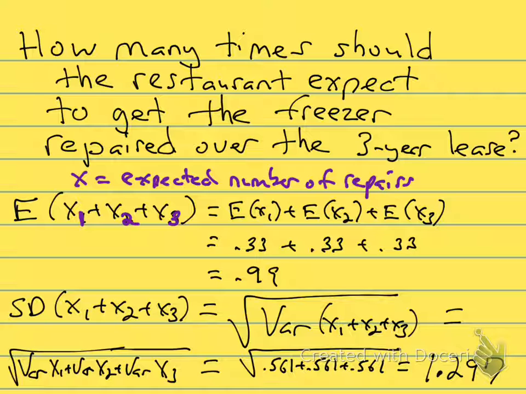In this case, they are each different years. So we're going to treat this as EX1 plus EX2 plus EX3, the expected value for the first year plus the expected value of the second year plus the expected value of the third year. So in this case, over the 3-year period, we're going to be expecting 0.99 repairs.